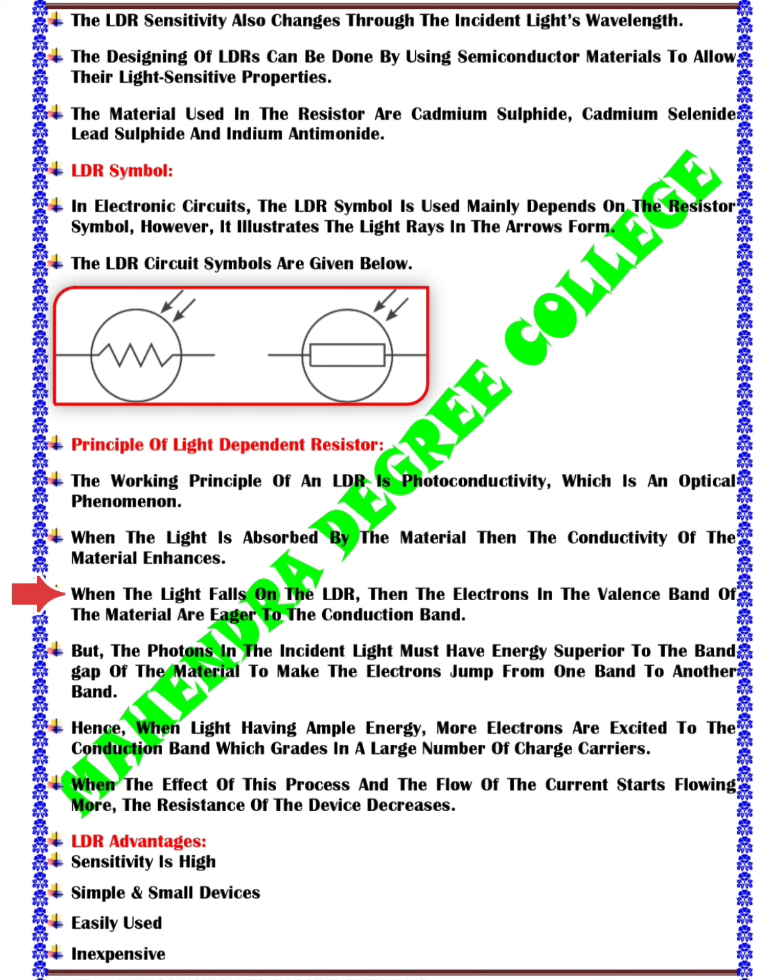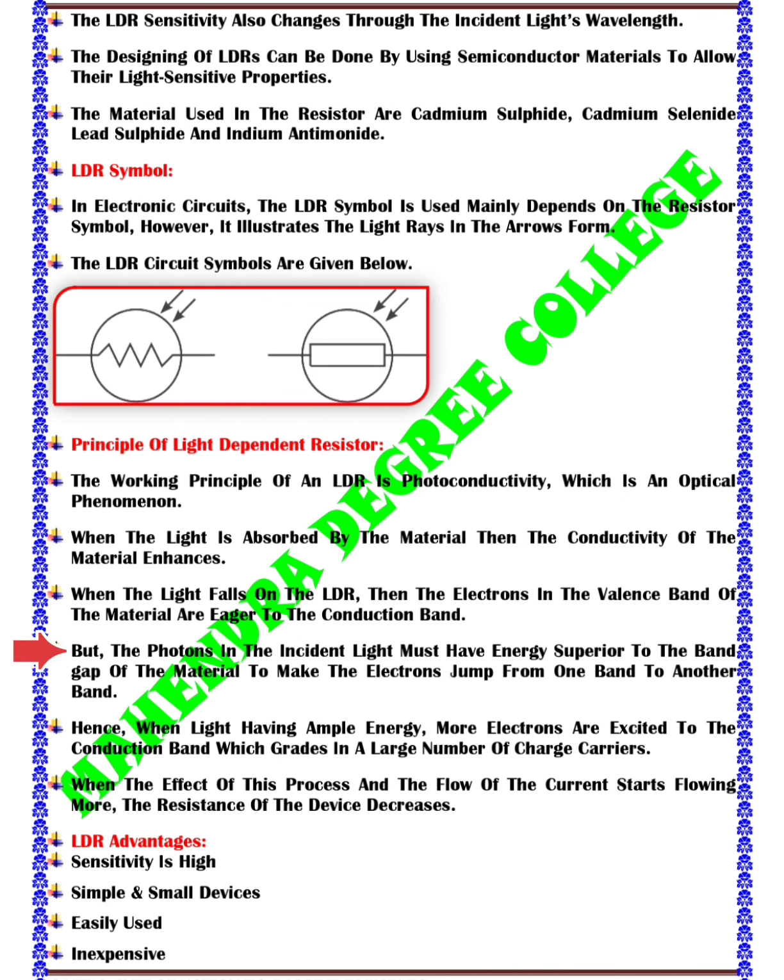When light shines on an LDR, the light photons excite electrons in the valence band, allowing them to jump to the conduction band. This increases the number of free charge carriers, leading to a decrease in the LDR's resistance.